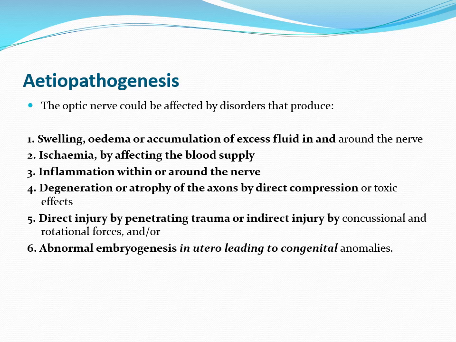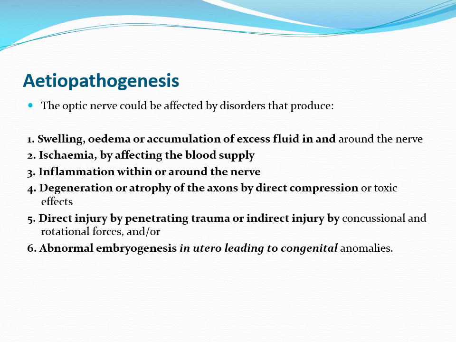This swelling or edema is known as optic disc edema or papilledema, which we will see in the chapter on papilledema. Then there can be ischemia. The optic nerve is supplied by blood vessels. If the blood supply is affected, there will be ischemia, which is known as anterior ischemic optic neuropathy and posterior ischemic optic neuropathy. There can be inflammation within and around the nerve. This is known as papillitis or optic neuritis.